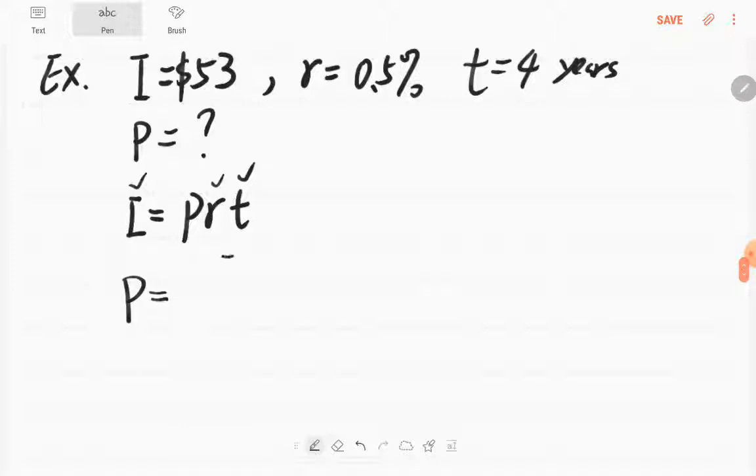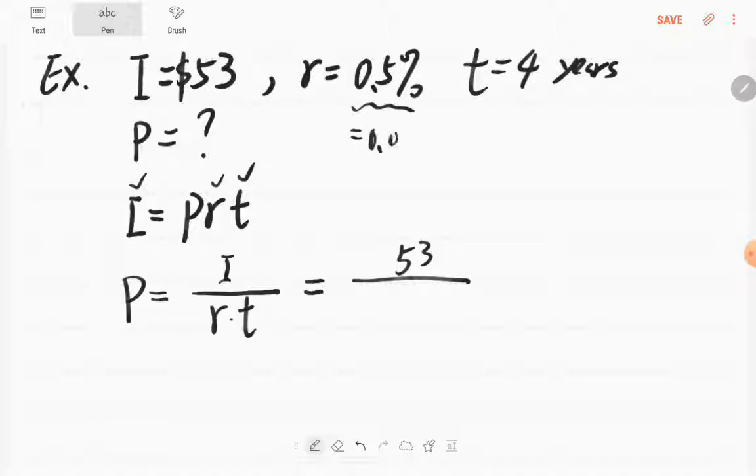P equals I over R times T, right? You divide by RT on both sides. So we have 53 divided by 0.5%, which is 0.005, times 4.